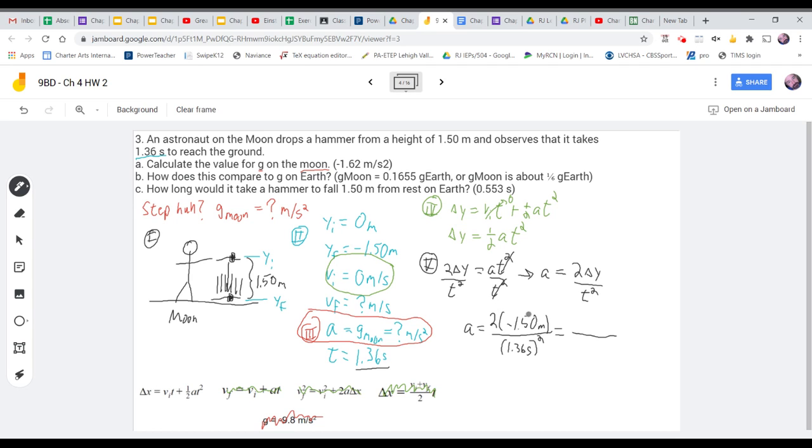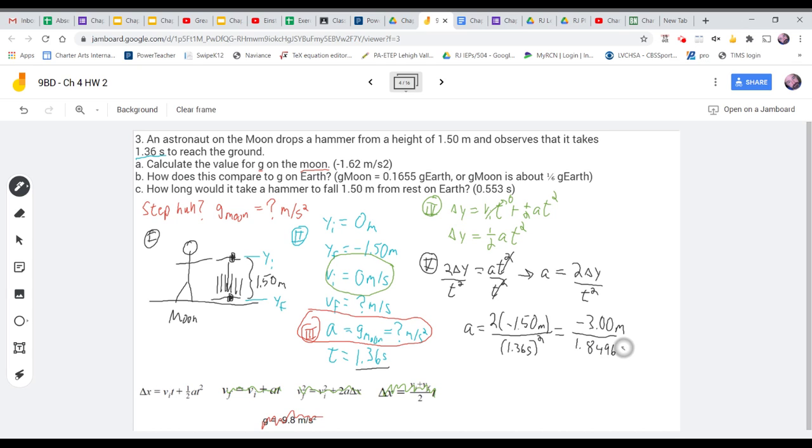So 2 times minus 1.50 meters, that's going to give me minus 3.00 meters on the top. And then 1.36 squared. So on the bottom, that's going to give me 1.8496.